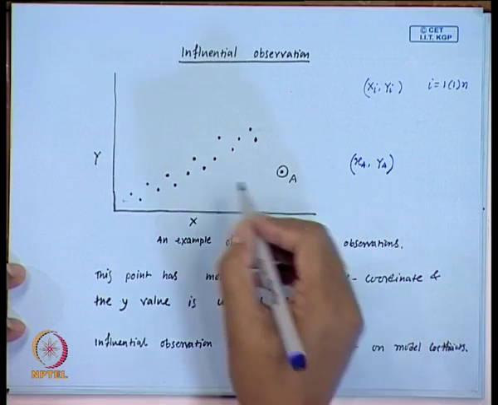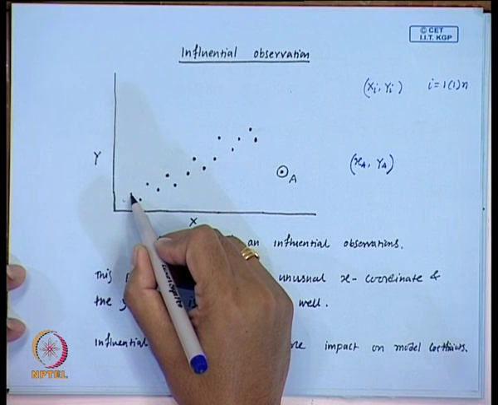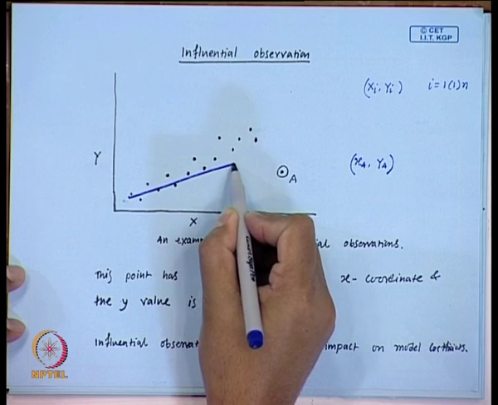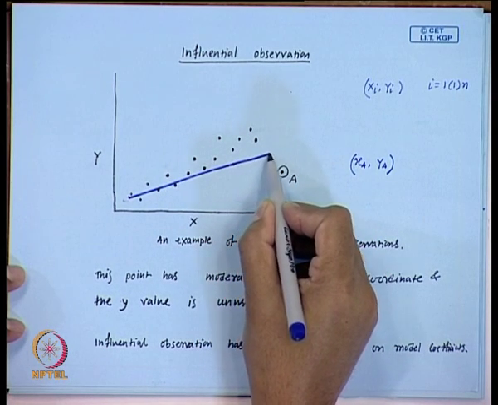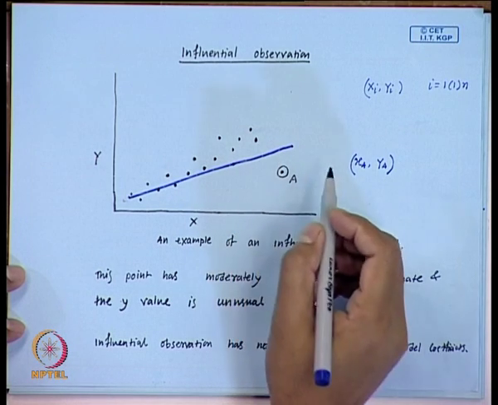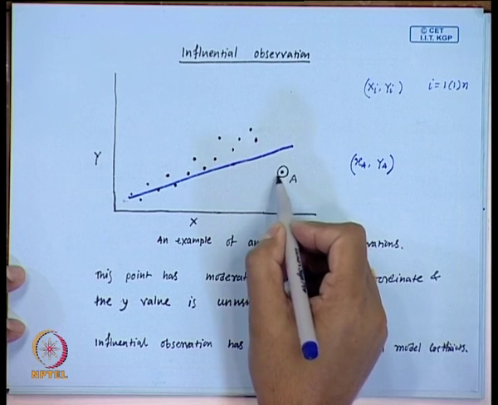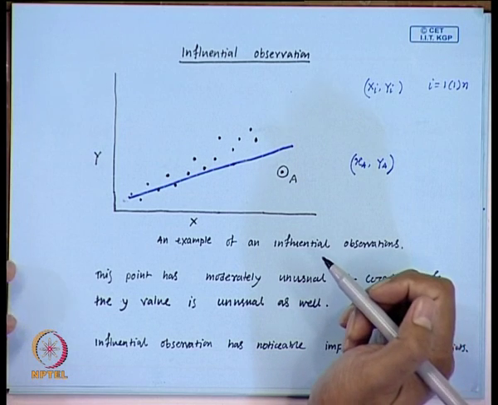So, my fitted model may look like this, and you can see that the fitted model has been influenced by this influential observation.